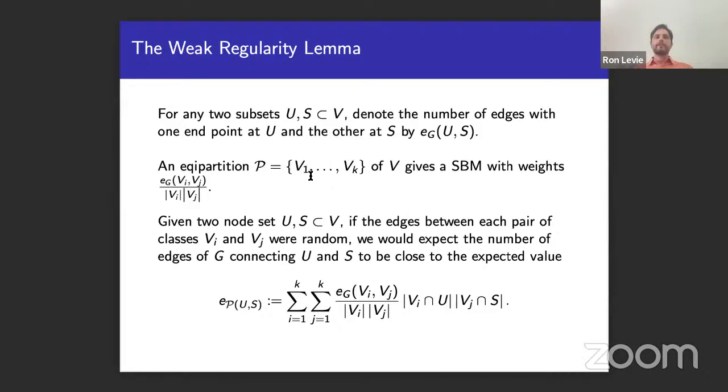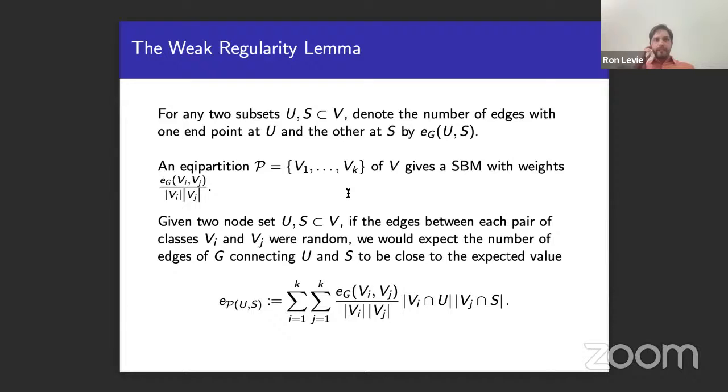You define the probability of having an edge between V_i and V_j as the number of edges in the graph between V_i and V_j divided by the maximal possible number of edges. In a sense, this is the best stochastic block model to approximate the graph if you consider the partition V_1 until V_k.